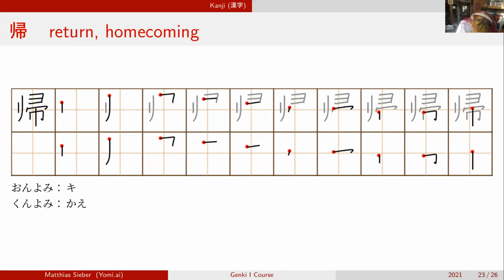And then we also have kikoku, for example, to return to one's country.